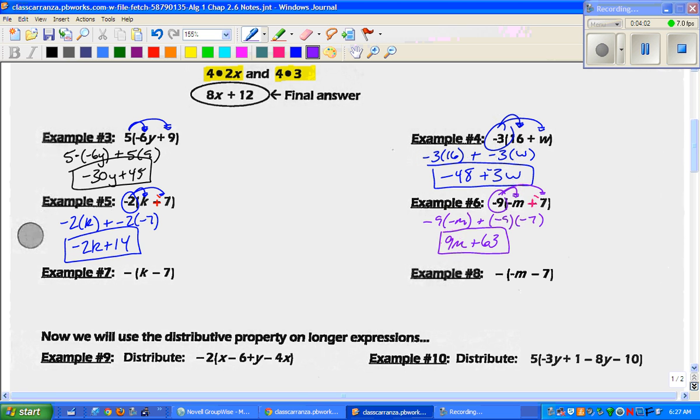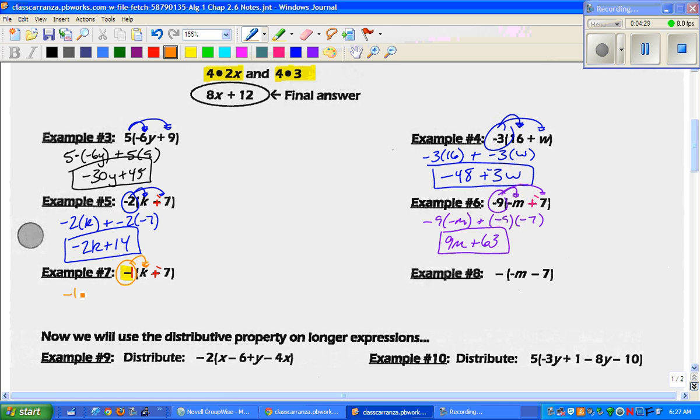All right, example number 7. Now, out front, they just have that negative sign. And whenever you just have a negative sign and nothing else, that means that there's a -1. Okay? Inside, we need to do click, click. And then let's start our distributing.